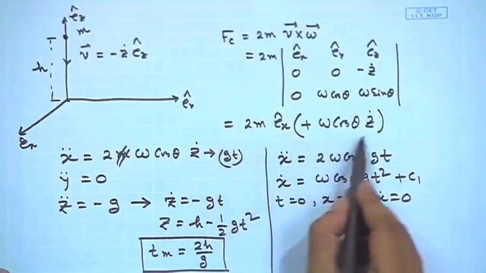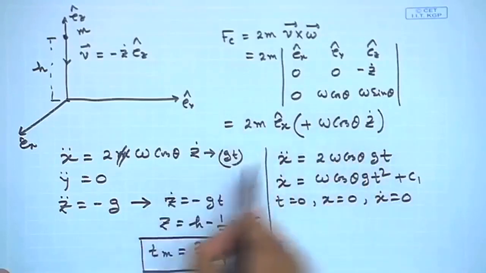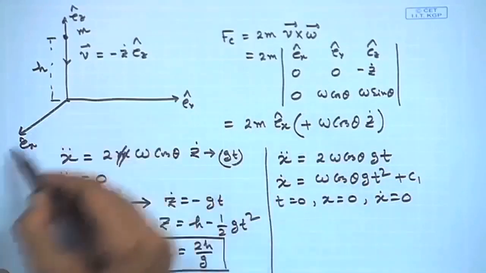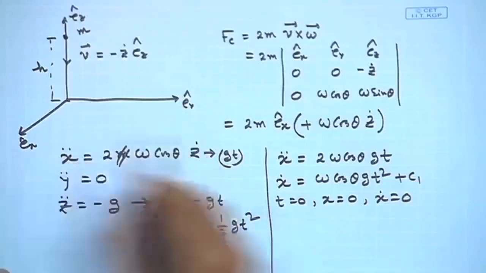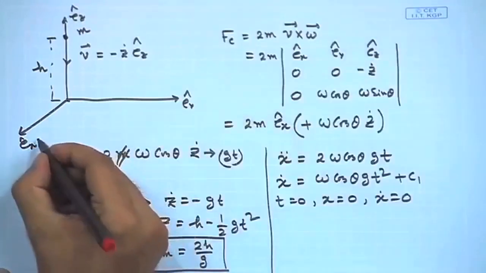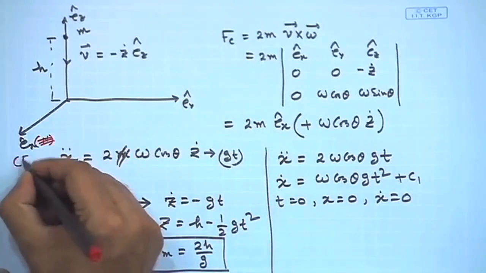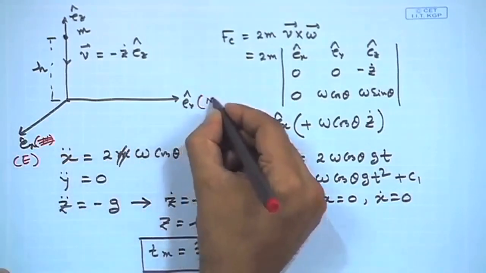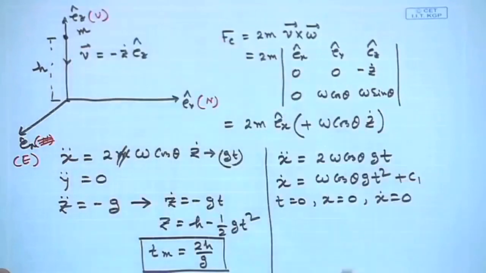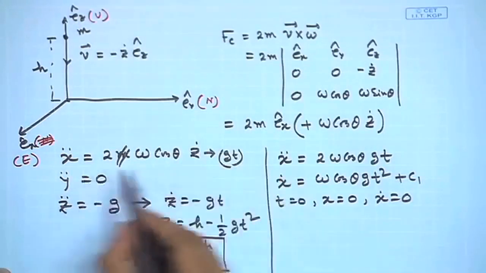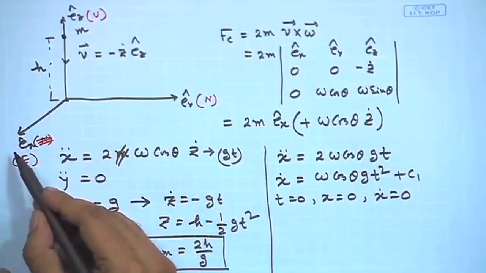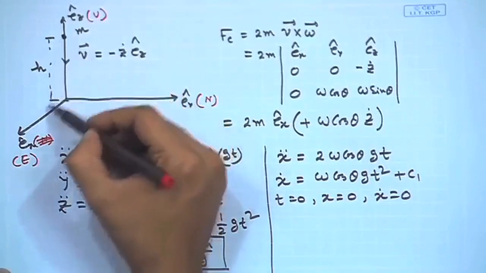We have already calculated the Coriolis force and we have seen that it is acting along the east direction. Please remember that Ex is east, Ey is north and Ez is up, right. So the Coriolis force is acting along east, so there will be a deviation along east.